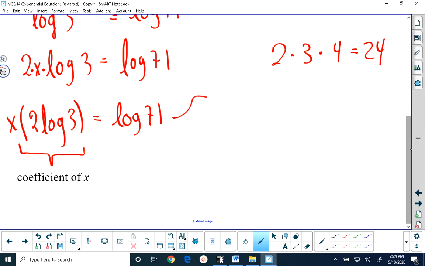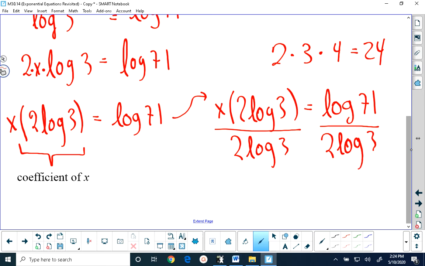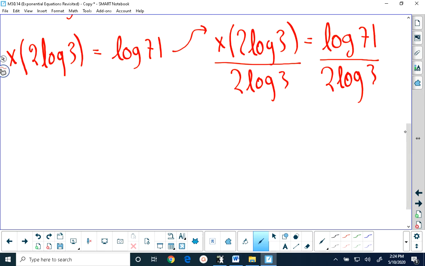So that means, everyone, that if I take x multiplied by 2 log 3 equals log 71, and I divide both sides by 2 log 3, I will have x by itself. I'll have x equals log of 71 over 2 log 3.